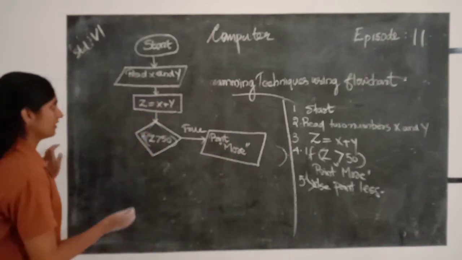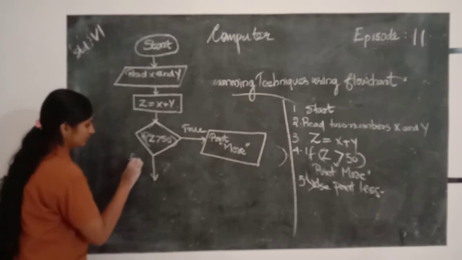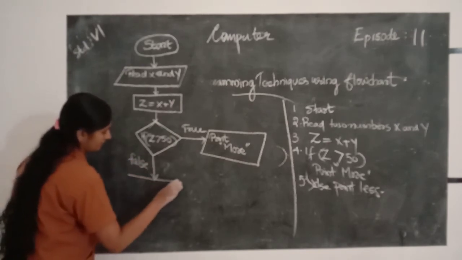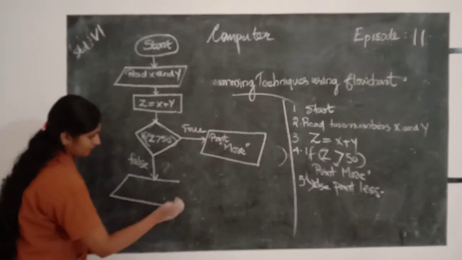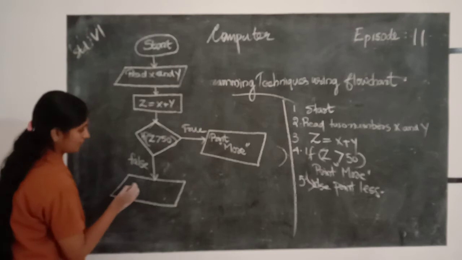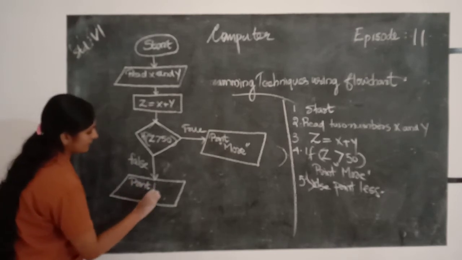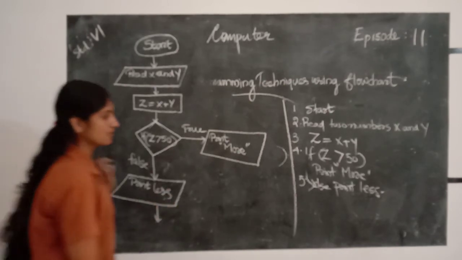Then if it is false, print less. Then last step, stop.